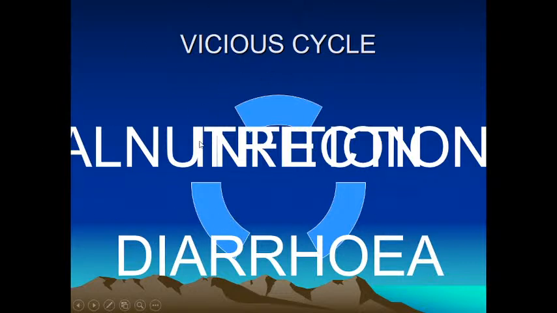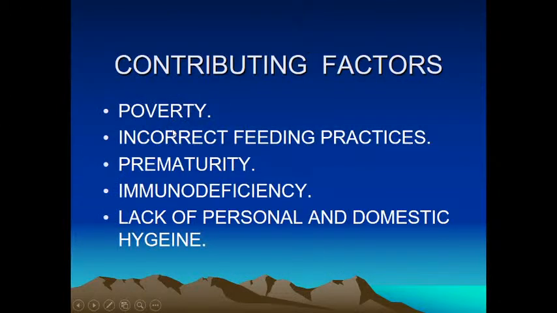Basically, malnutrition causes decreased immunity, and decreased immunity causes diarrhea, causes further malnutrition. It's a vicious cycle. The contributing factors are poverty, incorrect feeding practices, prematurity, immunodeficiency, lack of personal and domestic hygiene. So basically, poverty is a big problem.